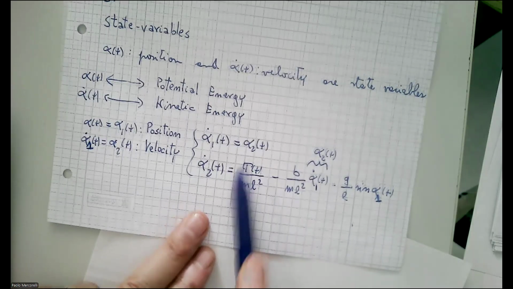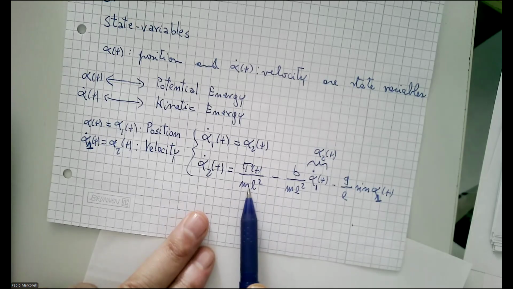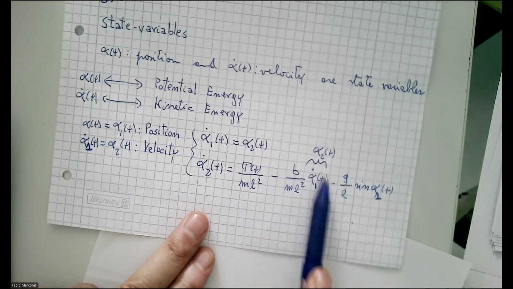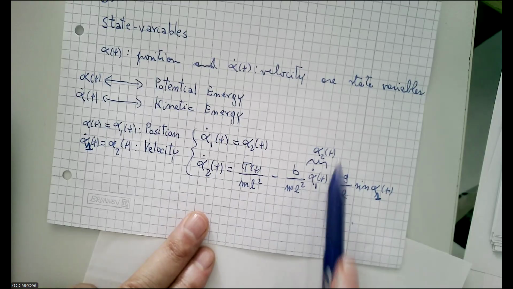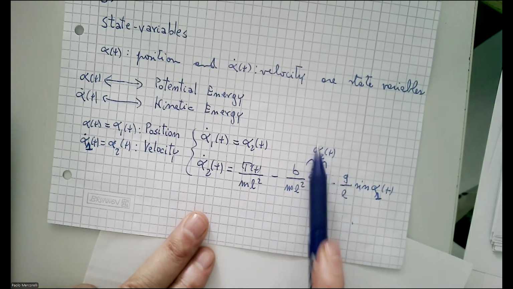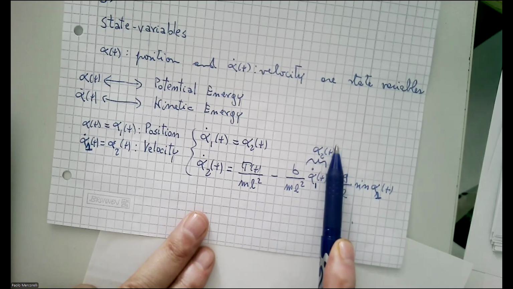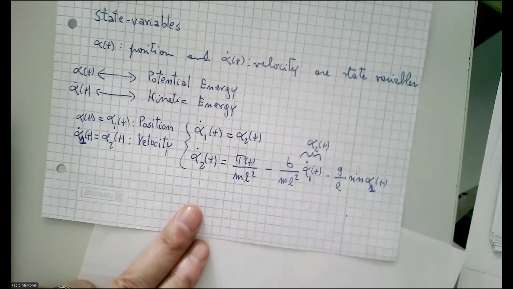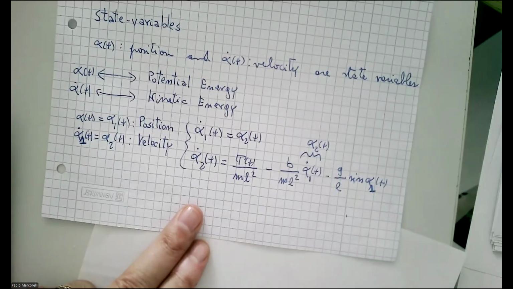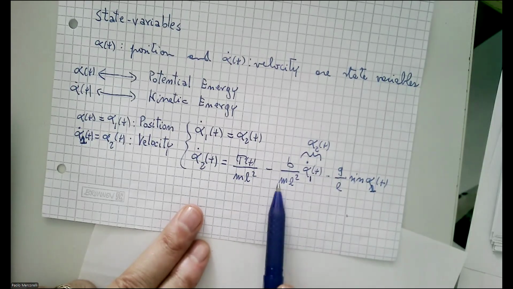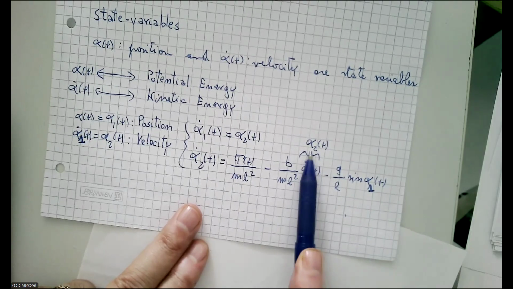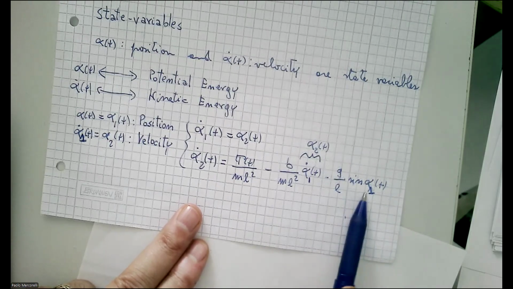Look here. This is the input divided by the inertia, ml squared, minus b divided by the inertia. Instead of alpha 1 dot, which I put explicitly, typically we write alpha 2. The idea is to use alpha 1 and alpha 2 on the right part of both equations. Here we don't need alpha 1, but we can replace alpha 1 dot in terms of alpha 2, and here we have alpha 1.